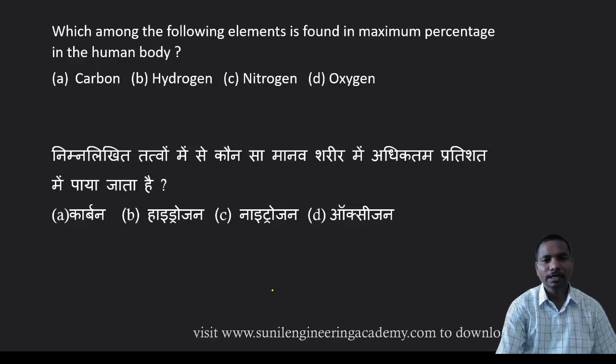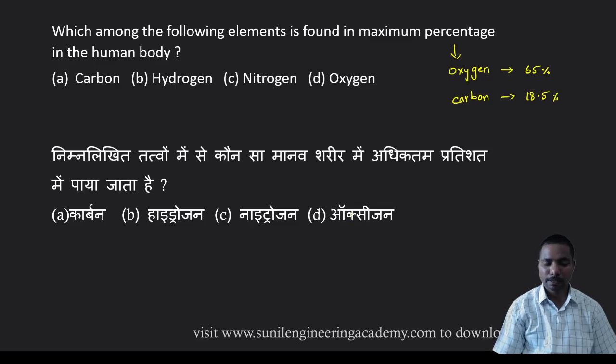Which among the following elements is found in maximum percentage in the human body? You know very well what elements are present in our human body. Oxygen is the main element, nearly 65 percentage. Second is carbon, approximately 20%, or 18.5 particularly.